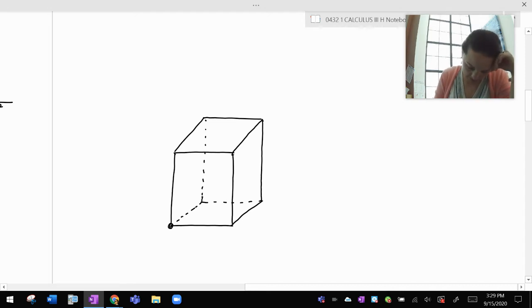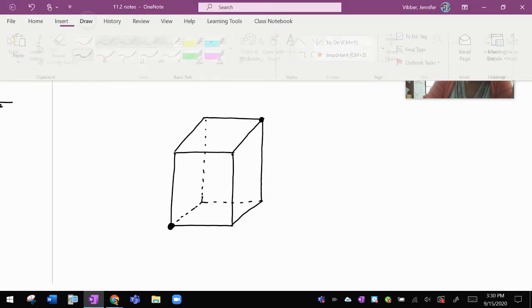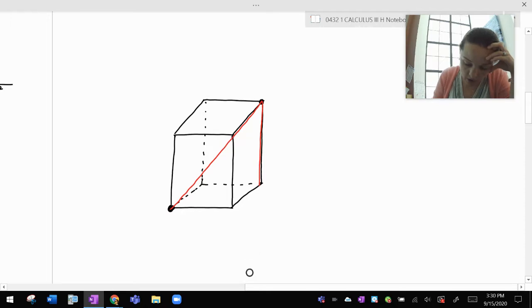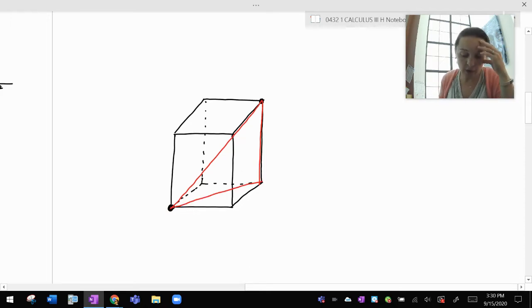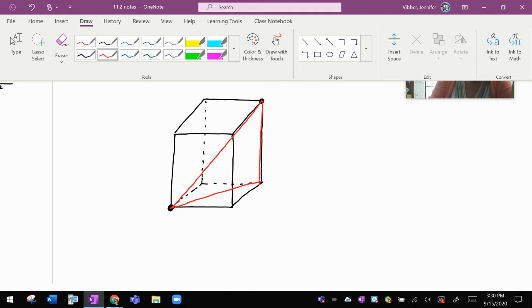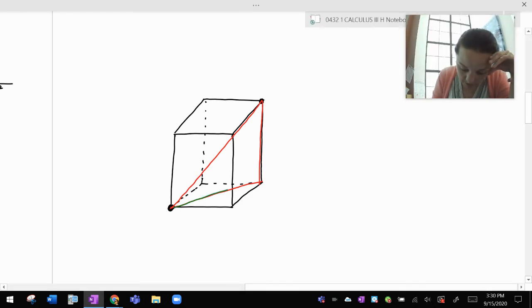And let's say I want to figure out how far it is from this corner to that corner. Well, if I wanted to figure out how long this red line is, that red line is really the hypotenuse of this red triangle. And the base of that red triangle is really the hypotenuse of this green triangle.